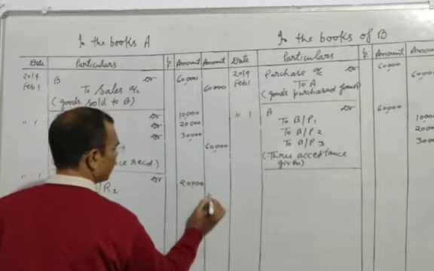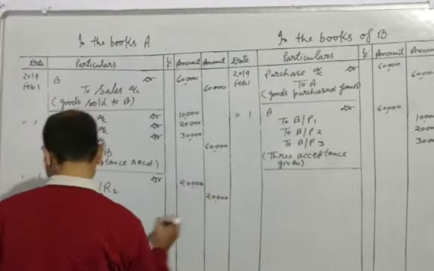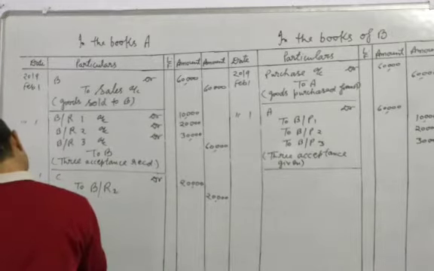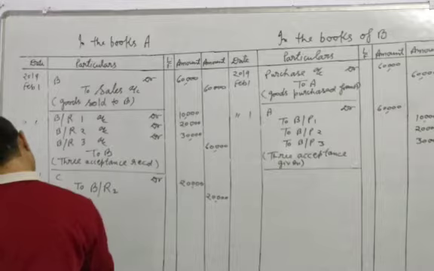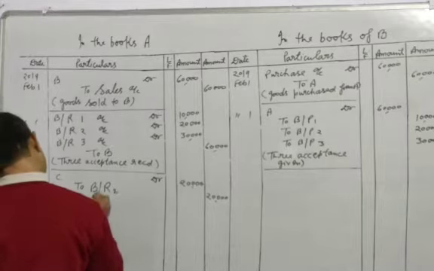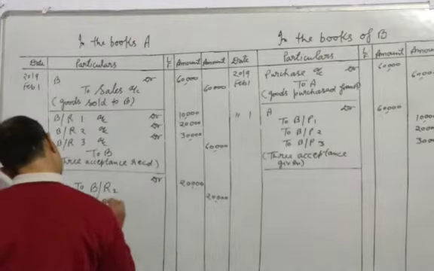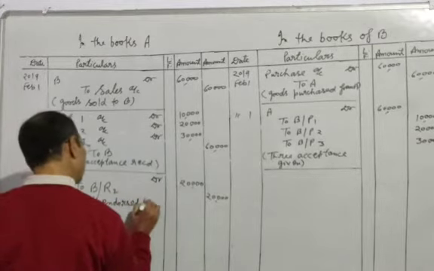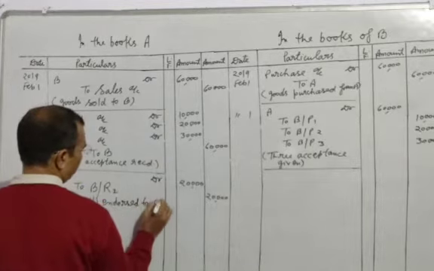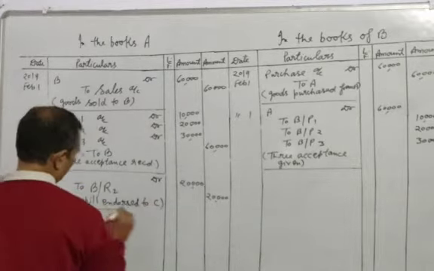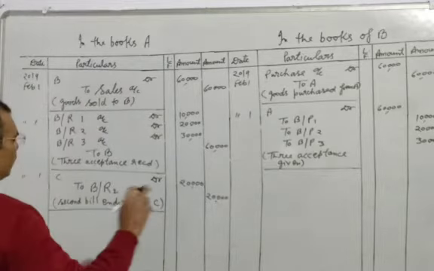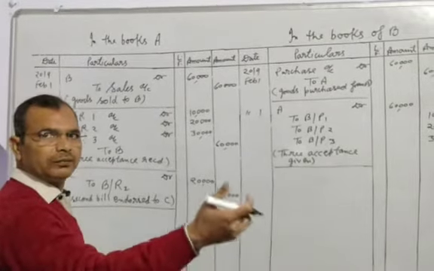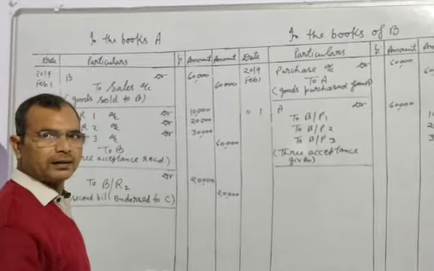Clear? And we will write here: second bill endorsed to C. And where will the opposite entry be? The opposite entry will be in the books of C, which we will not make here.